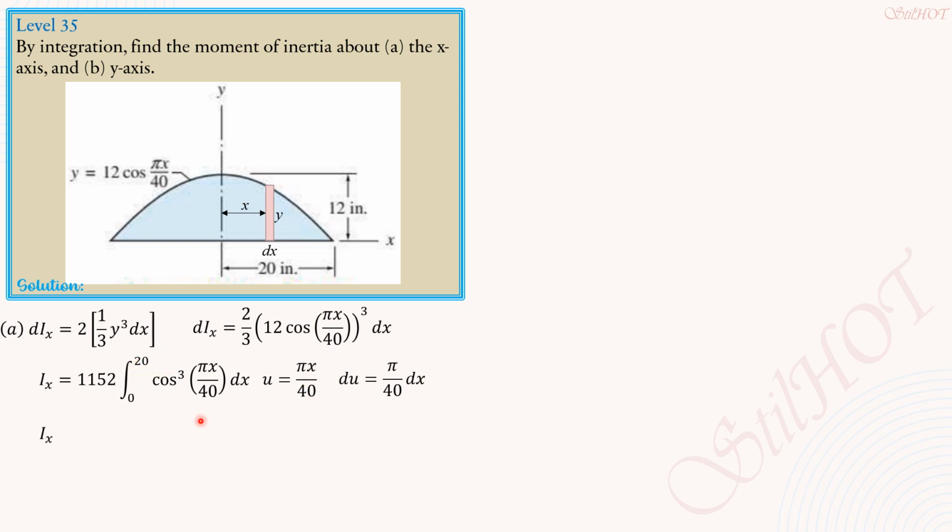So Ix equals 1152 times 40 over pi, quantity, integral from 0 to pi over 2 of cosine cube of pi x over 40 times pi over 40 dx. So again, we imagine that this is in the form cosine cube of u du. And we can apply Wallis formula here because the limits are from 0 to pi over 2.